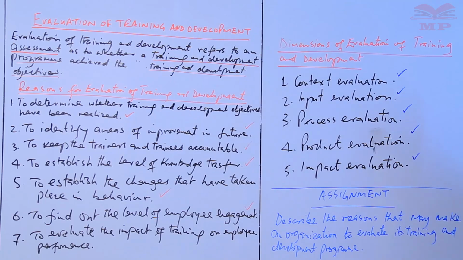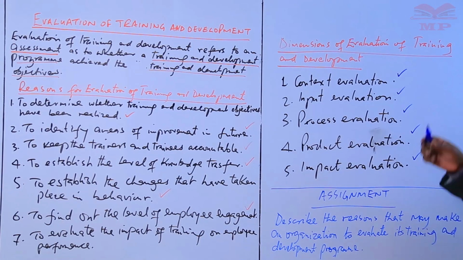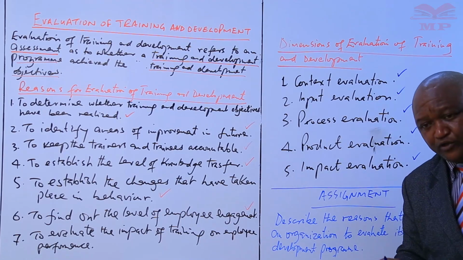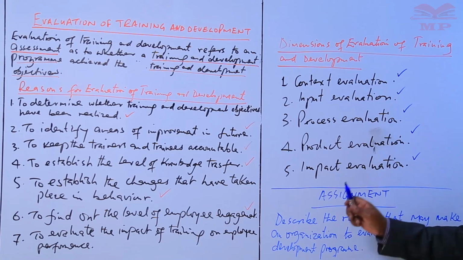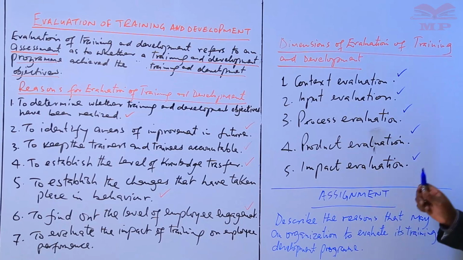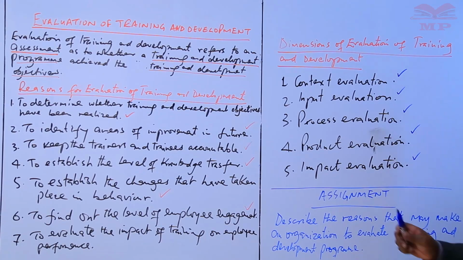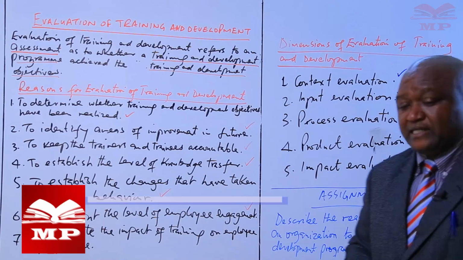And we have also looked at the dimensions of evaluation of training and development, which we have said you can have a context evaluation, input evaluation, process evaluation, product evaluation, impact evaluation. And I have given you an assignment for today's lesson, which is to describe the reasons that may make an organization to evaluate its training and development program.